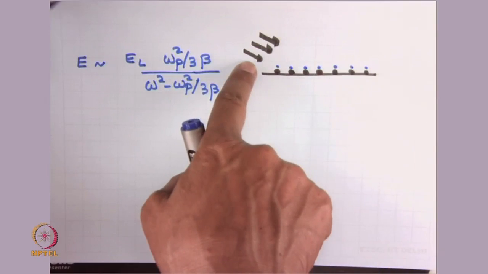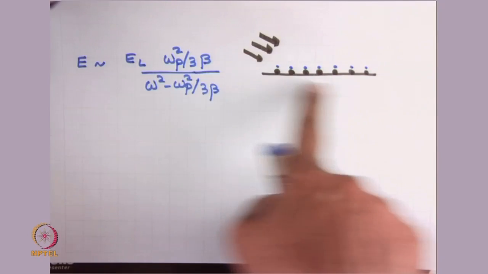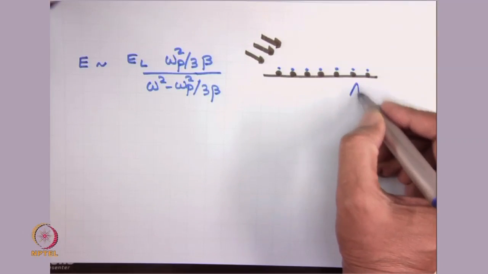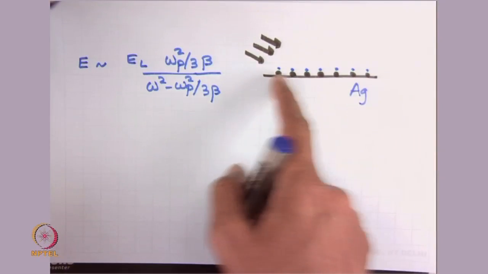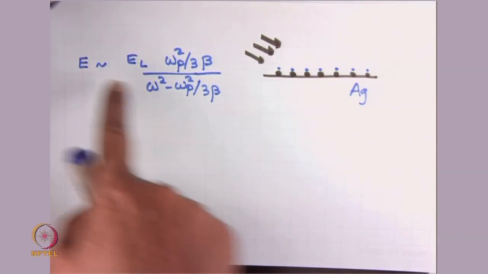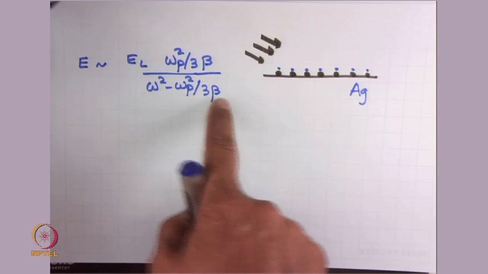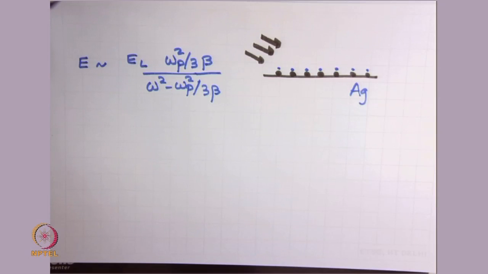So, when you are shining visible laser light on this rough surface of silver, then these particles will see an enhancement of field by this factor. Beta is a typical shape factor that depends on the shape of the particle.